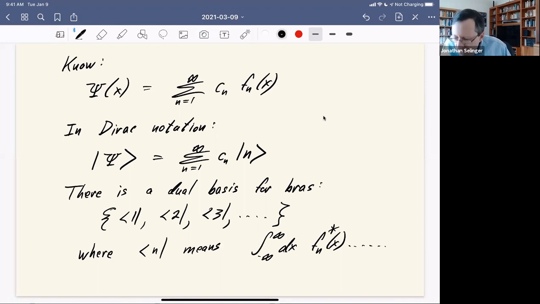So this is a bra which is ready to receive its input that goes right here.